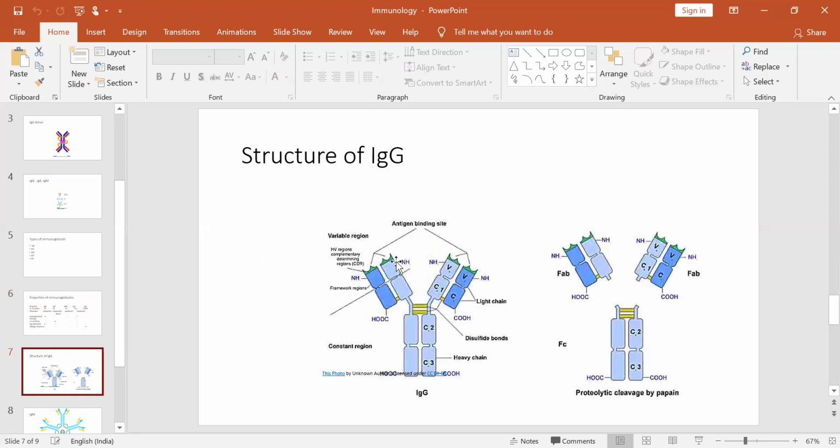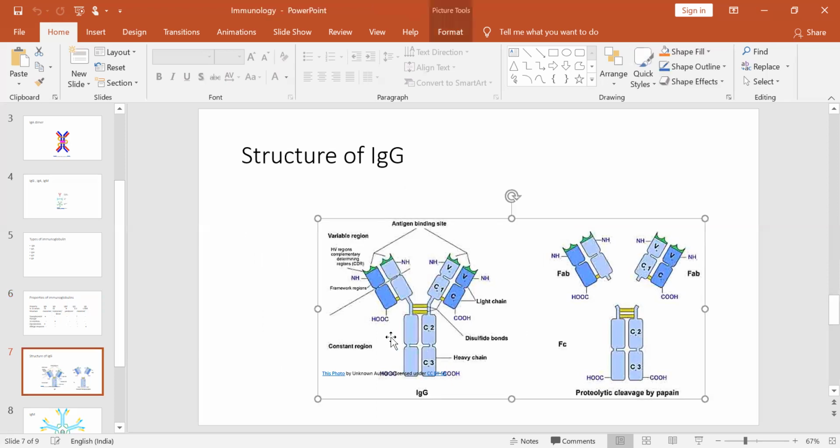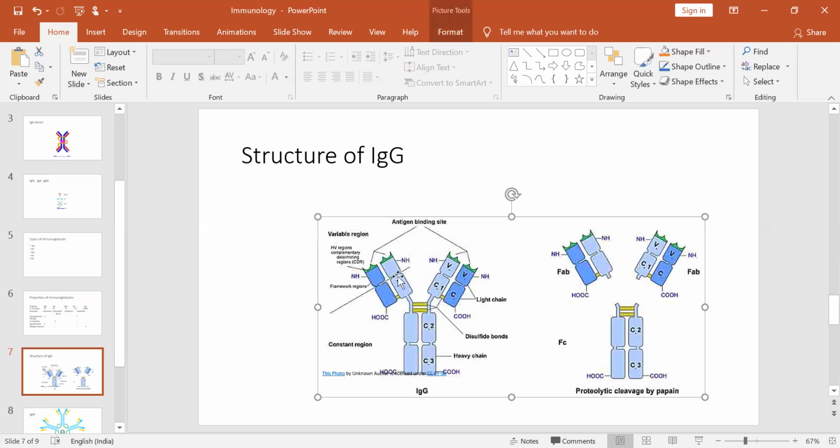Now, this is the most important immunoglobulin, IgG, and the structure may come in the exam. IgG is an inverted Y-shaped structure, and it has 2 light chains and 2 heavy chains. This is the N-terminal region, the antigen binding region, which is also the variable region.